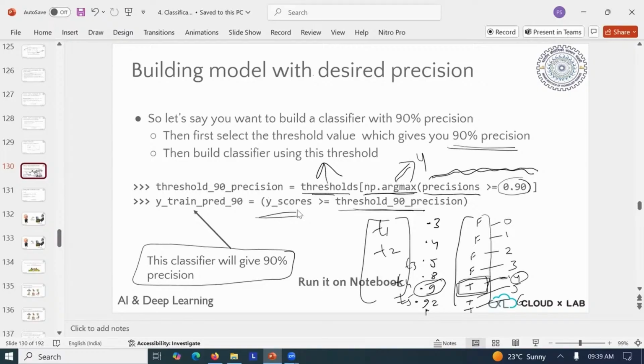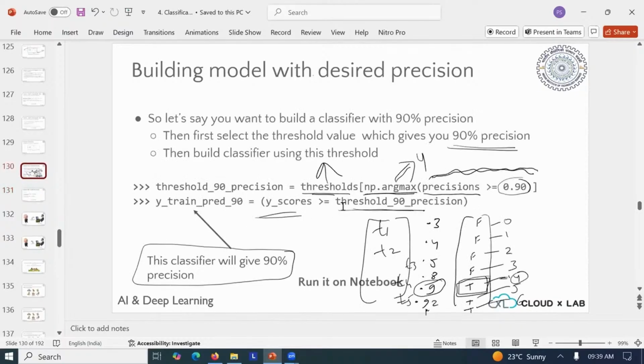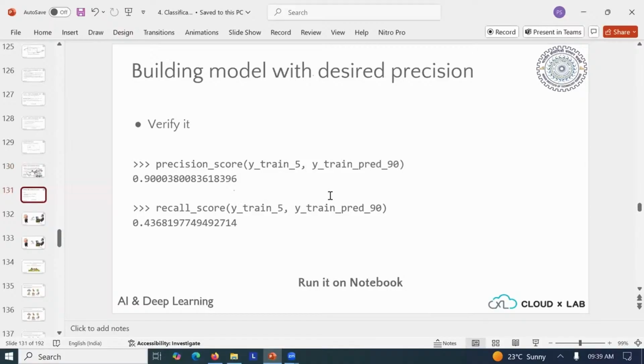If the model score is greater than the threshold, which means positive class, we will get a true value in the output. If the score is less than the threshold, then the model output will be false. So for this particular threshold, these are the model predictions and this is the actual data. What precision are we getting here? 90%, right?